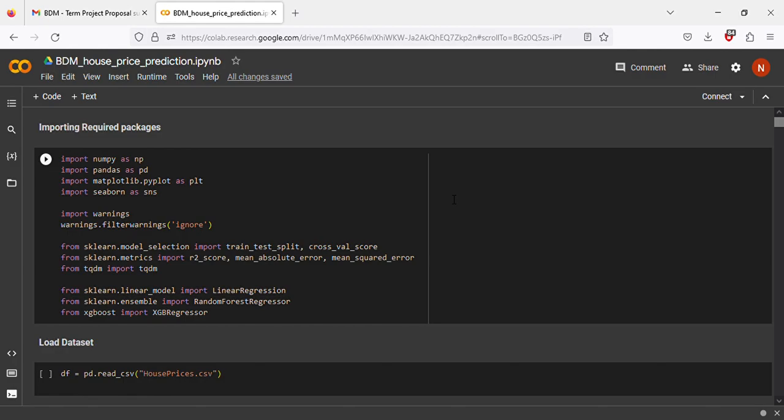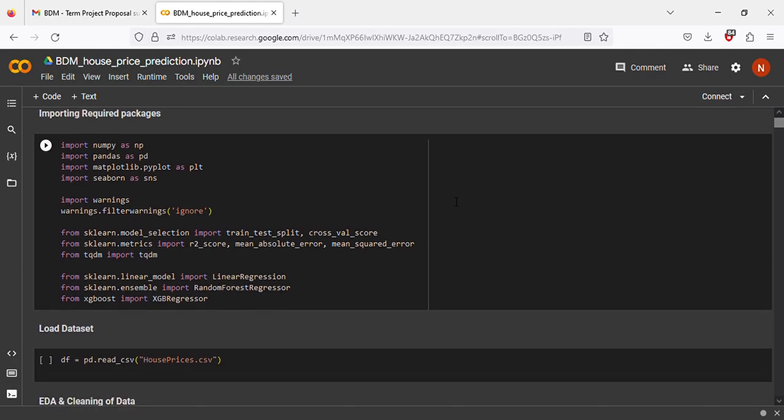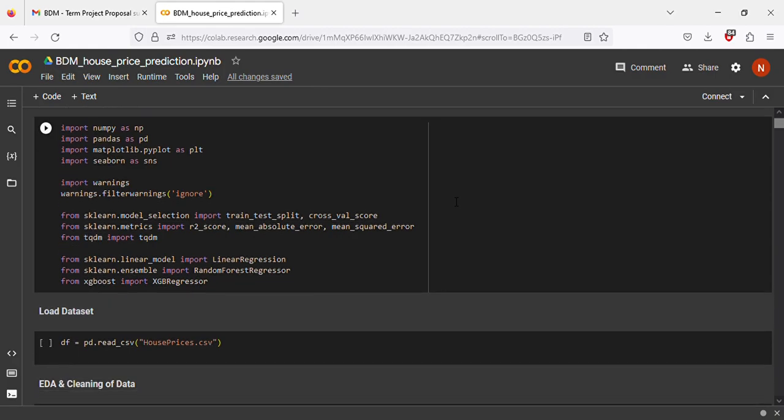So NumPy, Pandas, Matplotlib, and Seaborn packages are imported, and along with that, some models like train test split, then metrics for evaluation, and models like linear regression, random forest regressor, and XGB regressor are imported.